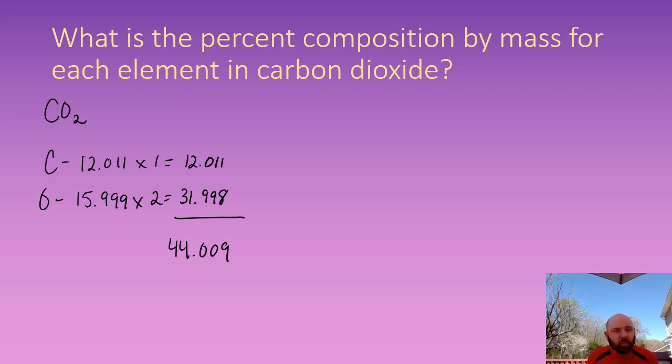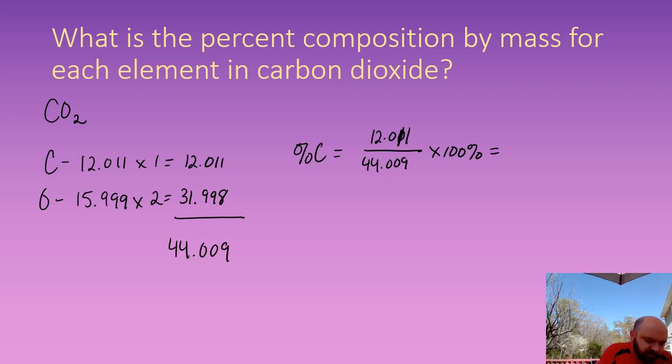If I want to know the relative percentages of that, we've seen how to do that so far. The relative percentage of carbon will be equal to the total amount of carbon, 12.011 atomic mass units, divided by the total amount of compound, 44.009 atomic mass units, multiplying that by 100%.